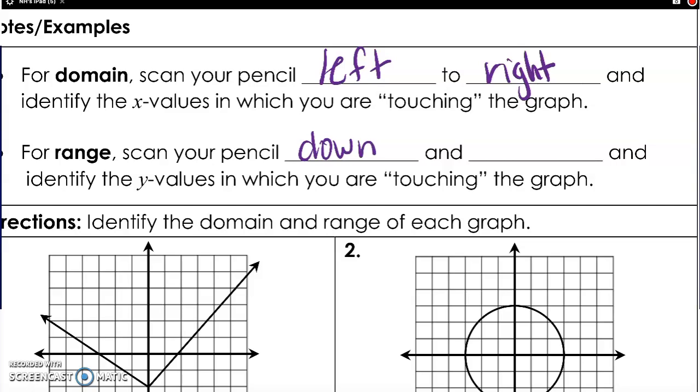I want you to start down. That makes it a little bit easier, and up to figure out where we're going up and down on the graph. I'll probably say up and down, but we want to start down just because it's going to be easier to write your answer that way. So domain is X, which is left to right. Range is Y, which is down to up, or bottom to top.